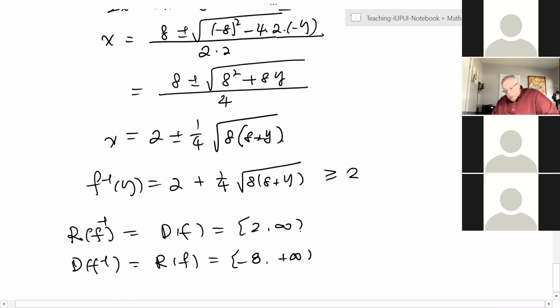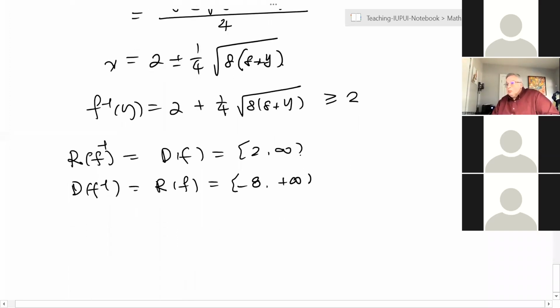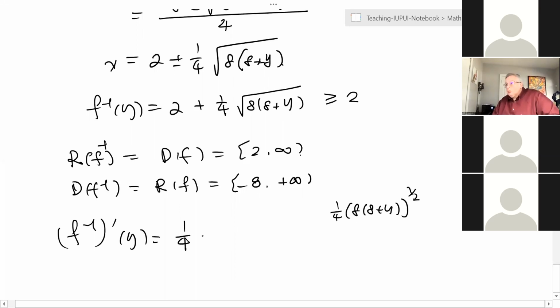Okay. So how do we find the derivative? Well, you can use this formula, because you found it. Sometimes you cannot find it, okay? So use the formula, then I have to differentiate, right? So how do I differentiate this? This is going to be a quarter, 8 plus y to the 1/2.